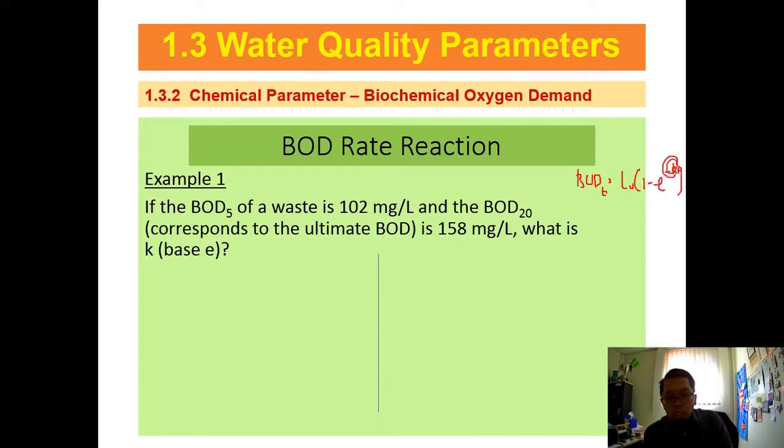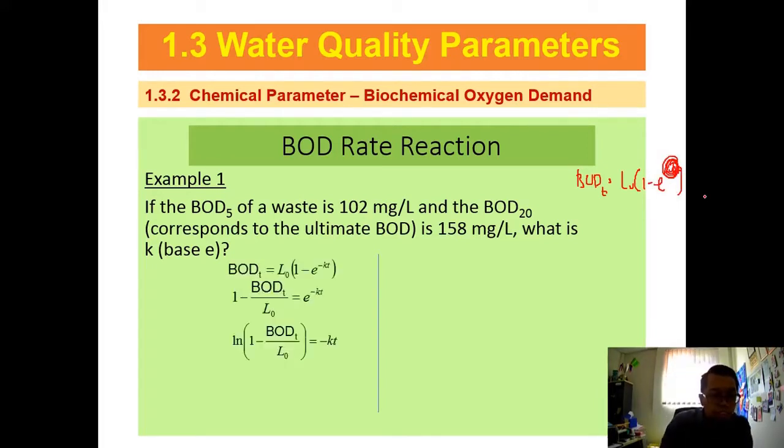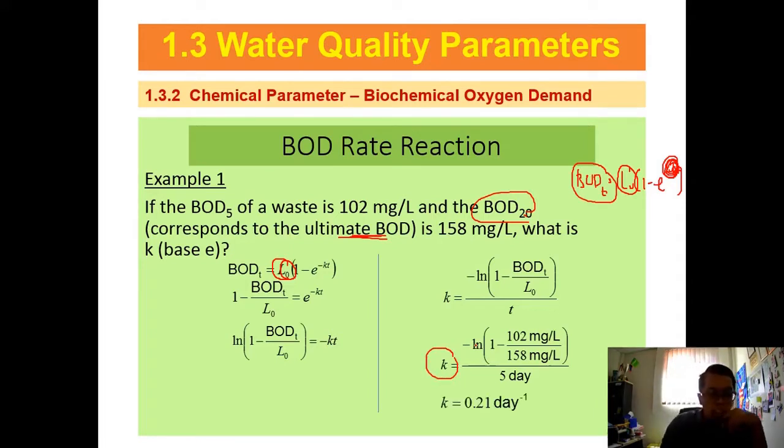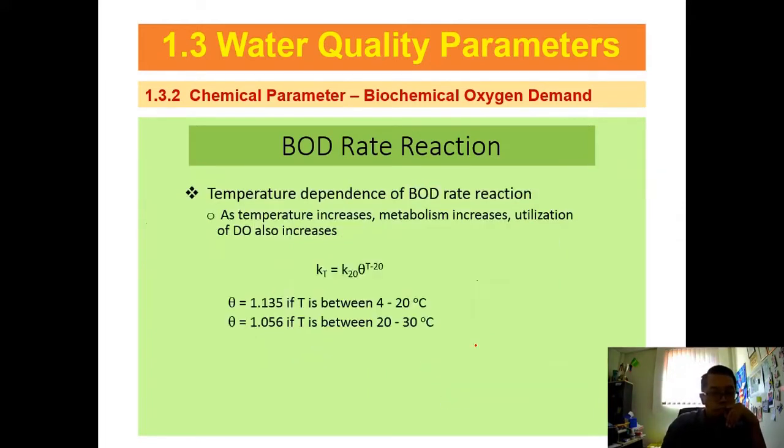The question asks for the value of K. Using this formula, arrange and then substitute the values. BODt is BOD5, and BOD20 represents the ultimate BOD, so L0 is the ultimate BOD. Substitute the values and find K. So K is 0.21 per day.